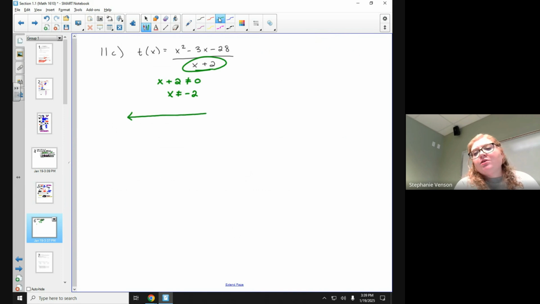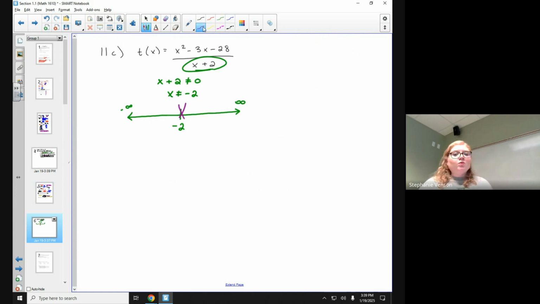So to find our interval notation, let's put that restriction on a number line just like we did for 11b. So here's -2. This is the -infinity side and the positive infinity side. Remember, the only thing we're not allowed here is -2. We can have anything before -2 and anything after -2.